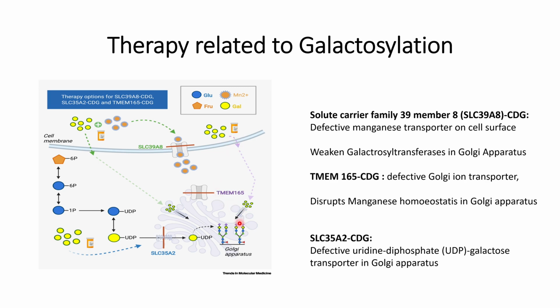In order to counter this defective ion transporter, it requires an increase in the amount of galactose. So an increased amount of galactose will help to counter this defective ion transporter.